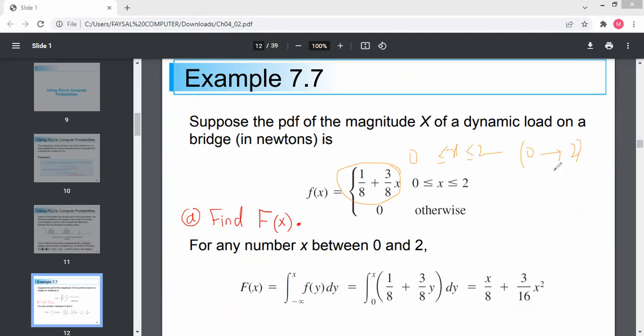Otherwise, the value is 0. I have to find the value of f of x.